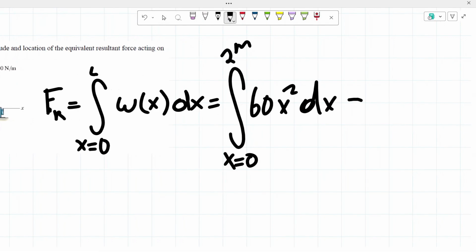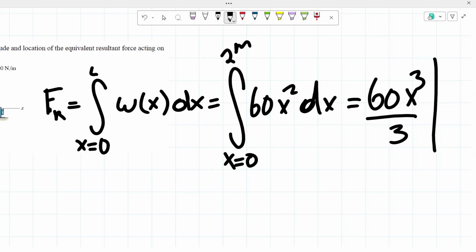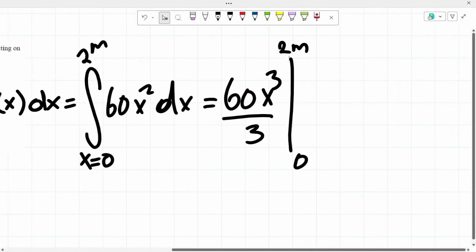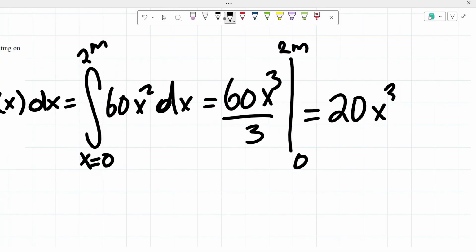If we solve for this, we would end up getting 60x cubed over 3, from 0 to 2 meters. From there, you would simplify, giving you 20x cubed from 0 to 2 meters.